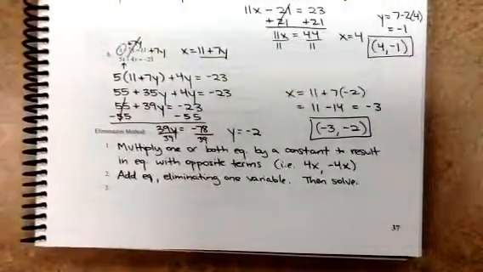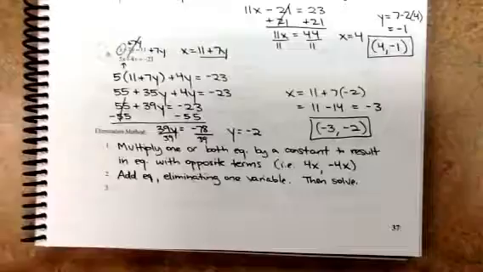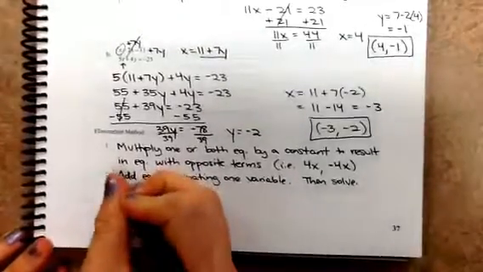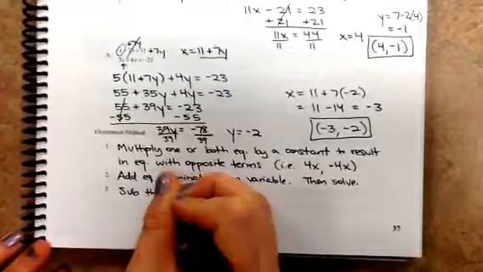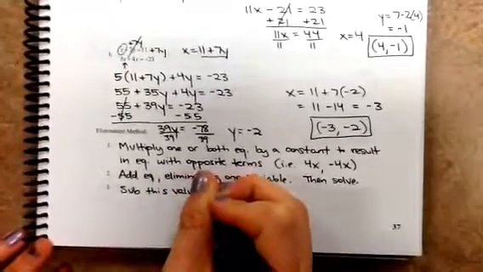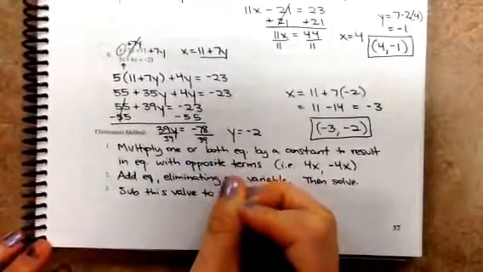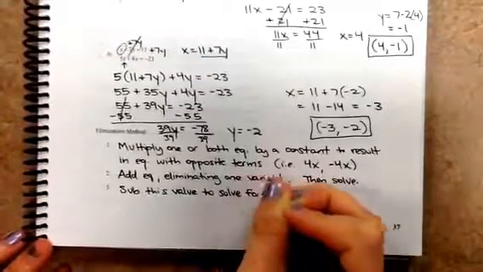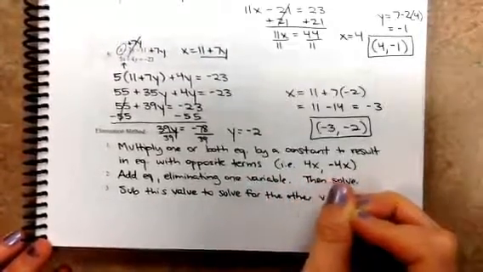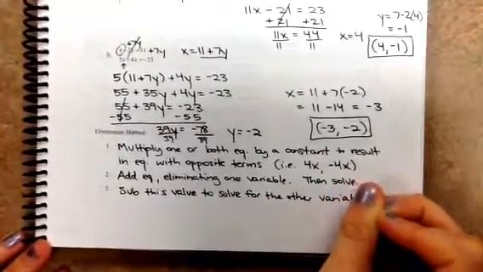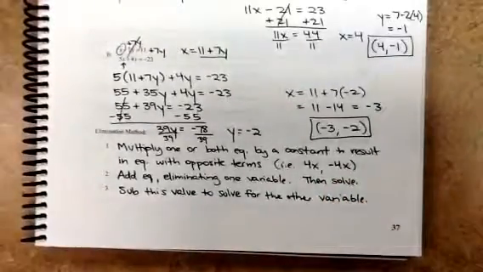So at the end of step 2, you'll have one of the variables. Then you can sub that in to solve for the other.